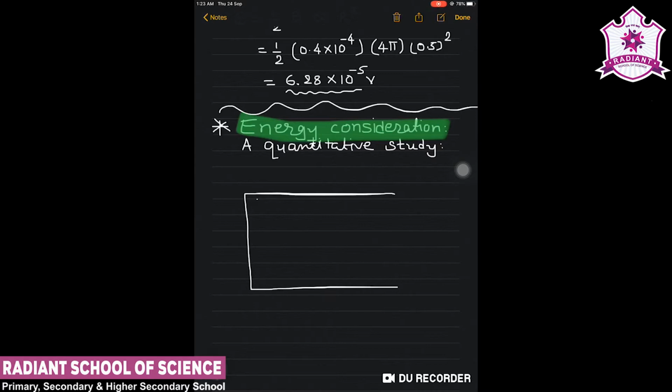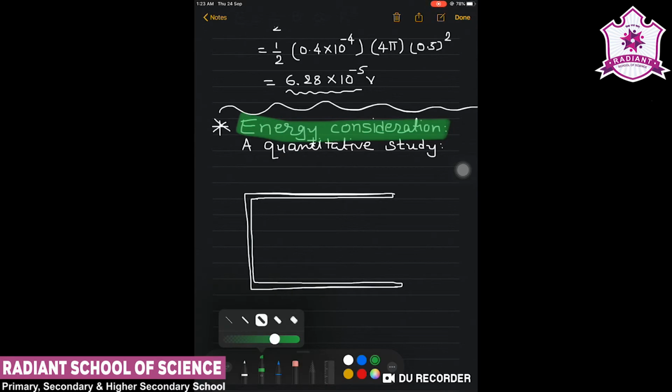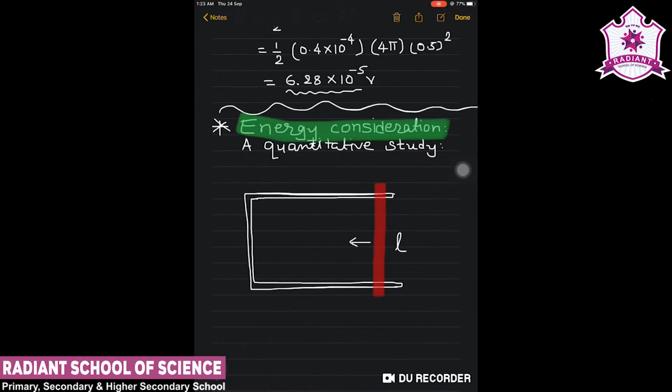On this U-shape arrangement of conductors, we put some rod and we allow it to move on it in a particular way. Suppose the rod, which has a length L, is moving in the inward direction with speed v.